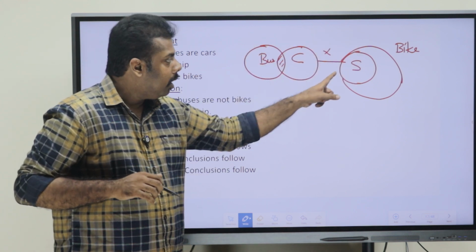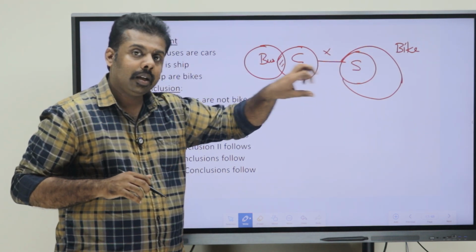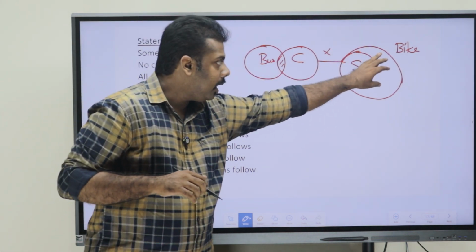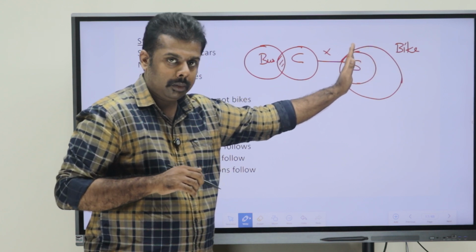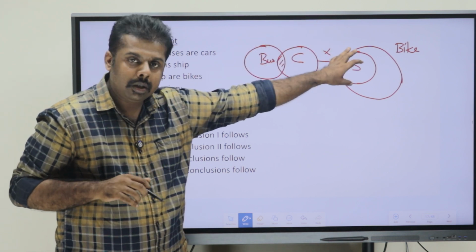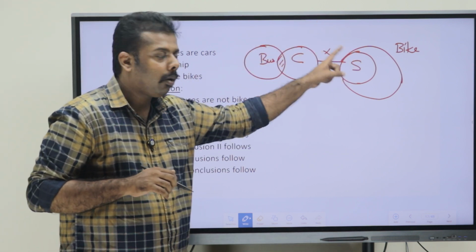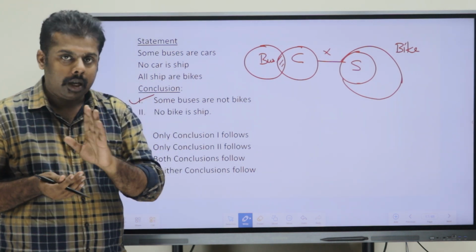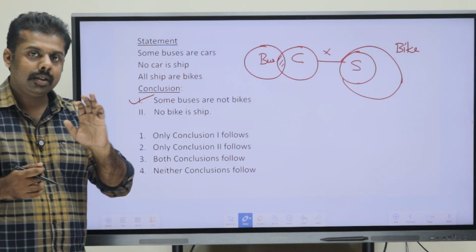Now ship, as we can see, is entirely inside the bike. Okay. So that means some portion of bike is ship. So if some buses are not ship here, from there we can conclude that some buses are not bike also has to be right here. Okay. So that's why we have marked the first conclusion here as right.